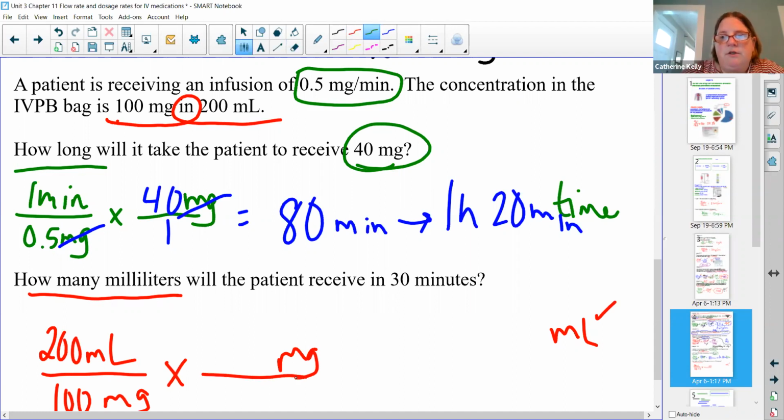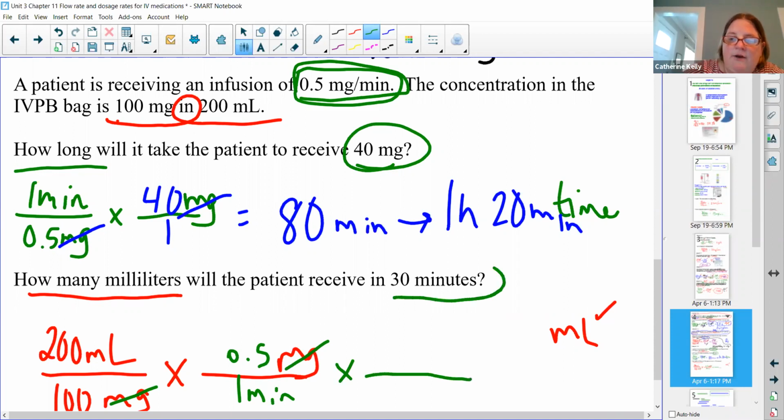And then up here, I see 0.5 milligrams per minute. So 0.5 milligrams per minute. Those cancel, and I'm left with minutes, but I need it in milliliters, so I need to get rid of the minutes. And here I have 30 minutes. So times 30 minutes over 1.